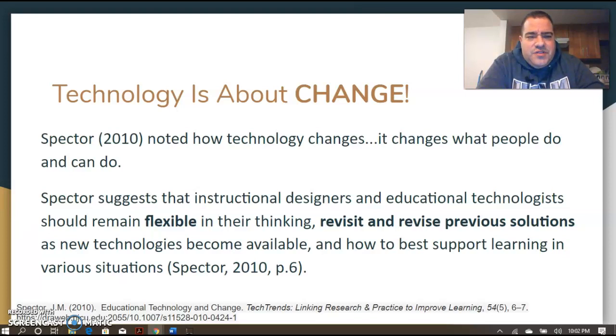People change what they do in a society, and technology will continue to change to help us change what we do. So when we think about educational technology, as designers of learning, as educational technologists, we should always be flexible in our thinking and willing to revisit, revise, and consider new ideas.